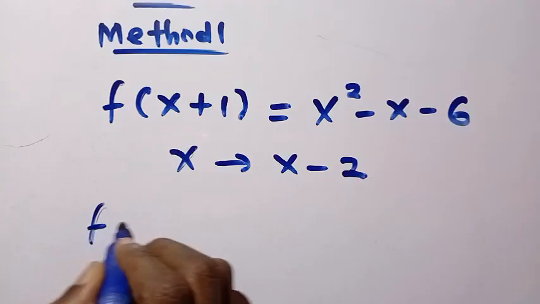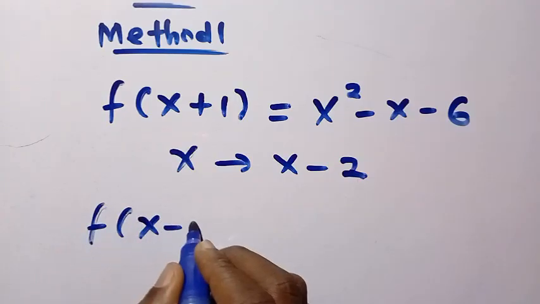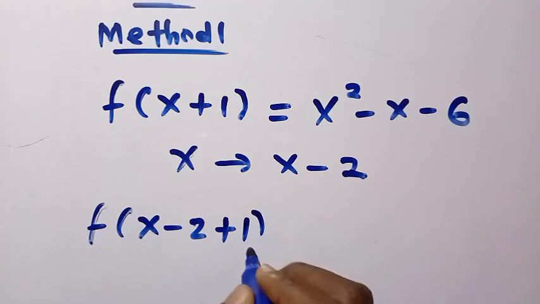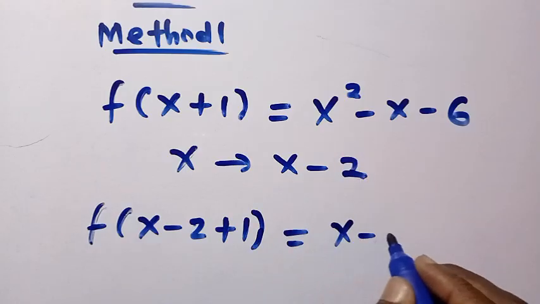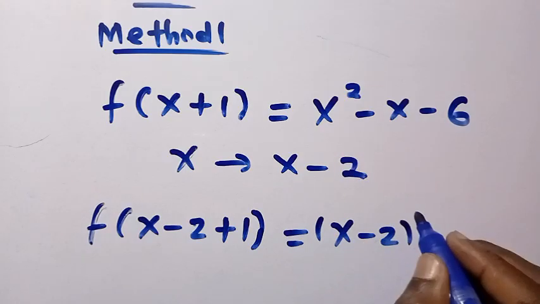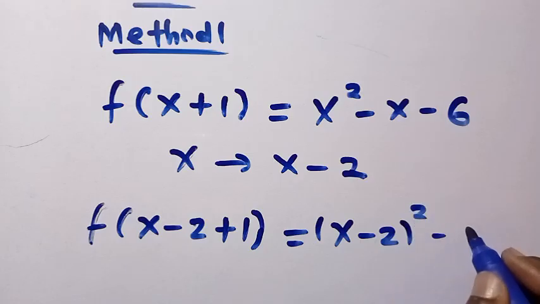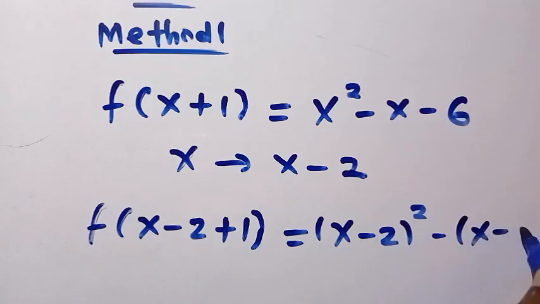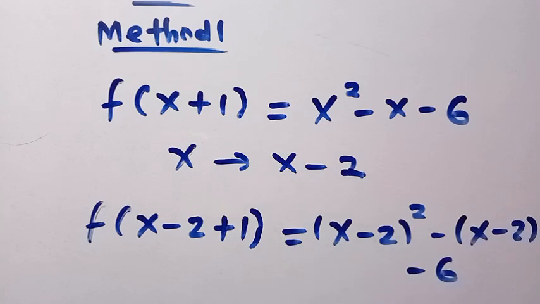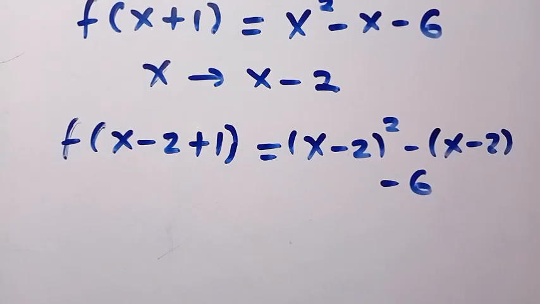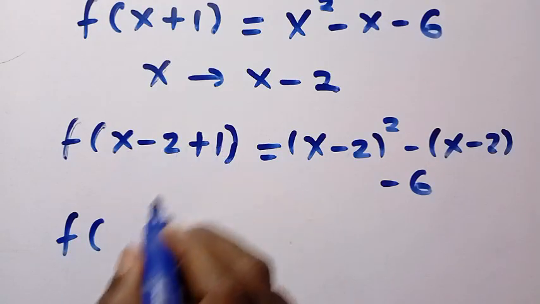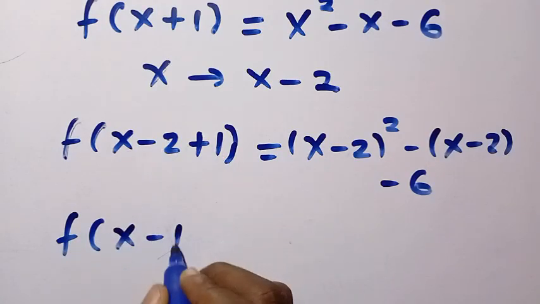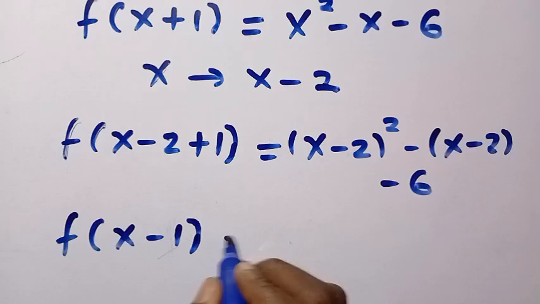Therefore, we have f of x minus 2 plus 1 equals x minus 2 squared minus open bracket x minus 2, then minus 6. After having this, the left side is x minus 2 plus 1, which gives us x minus 1.